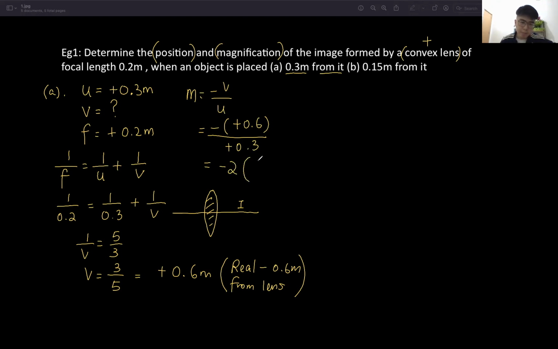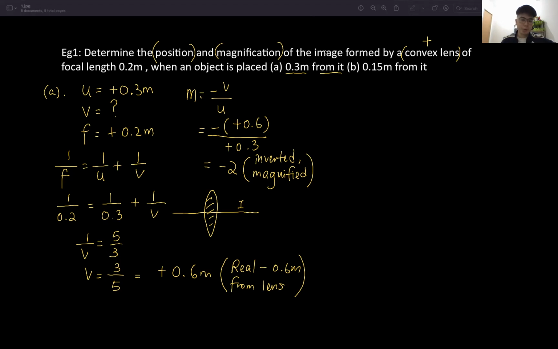That means my image is inverted and magnified. 2 means twice the size of the object. Here I got all the information I needed. Magnified, inverted, 0.6 meter from lens, real image. The characteristics all are there.